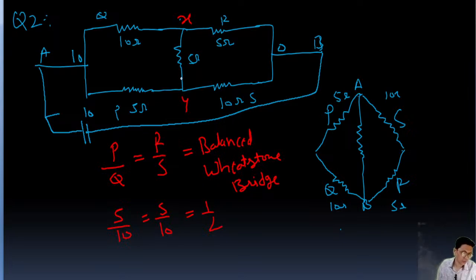And now what we are going to do is simple. Here at X we'll use KCL, okay? So this is going to be X minus 10 upon 10, right?